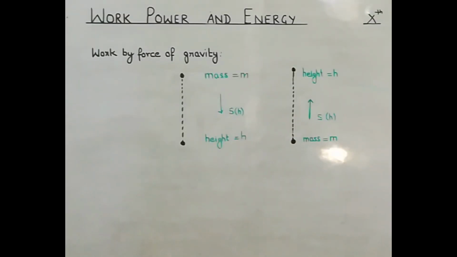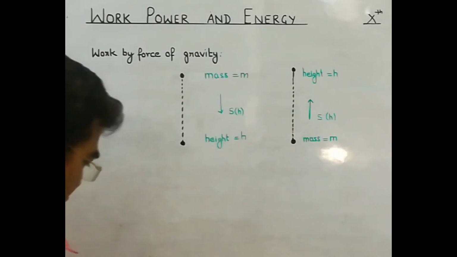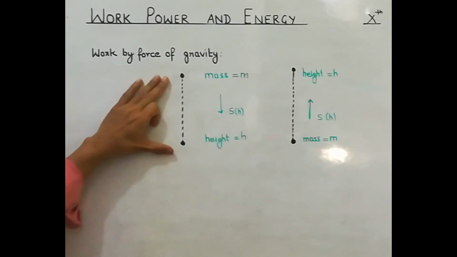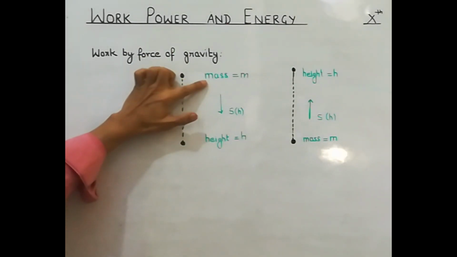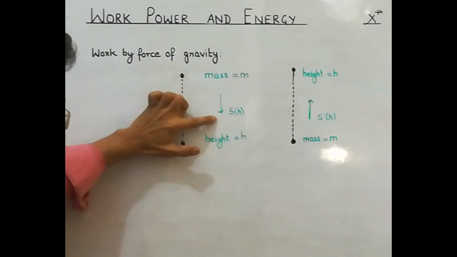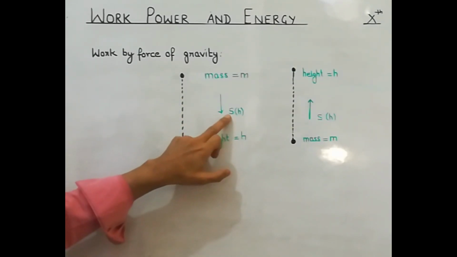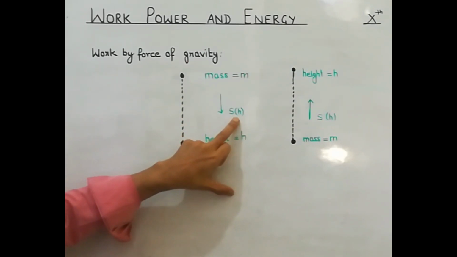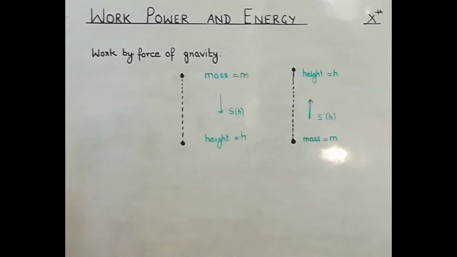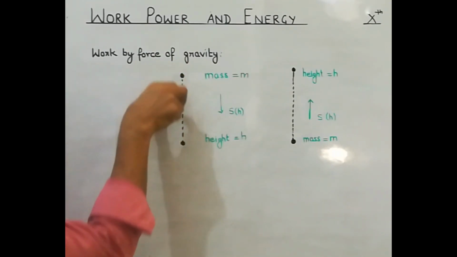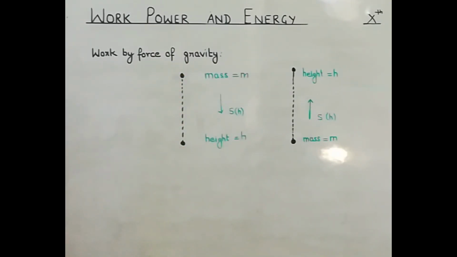Now we have to consider work by force of gravity. Now let us take case 1. In this case, a body of mass m is moving in the downward direction through a vertical height h. So displacement over here is equal to h. Now, first of all, we know that every body is acted upon by the force of gravity.